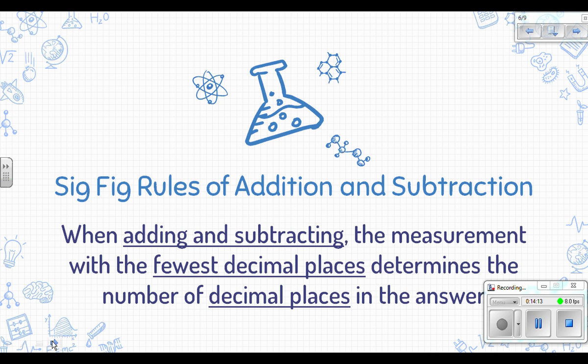That's the one that's going to tell us how many decimal places can be in our answer. By decimal places, I'm just talking about numbers after the decimal. So when we look at adding and subtracting, we're not even really looking at significant digits. We're just looking at how many digits are after the decimal in each one of our numbers.